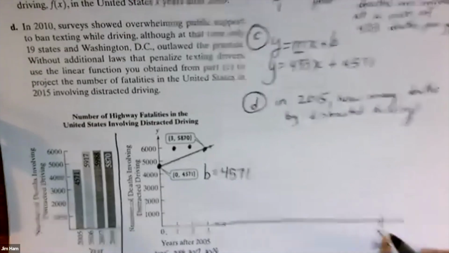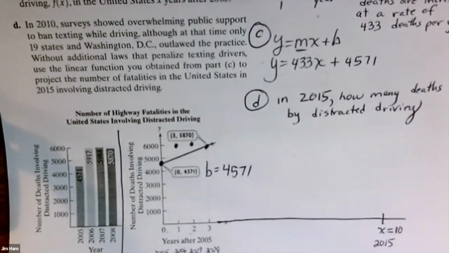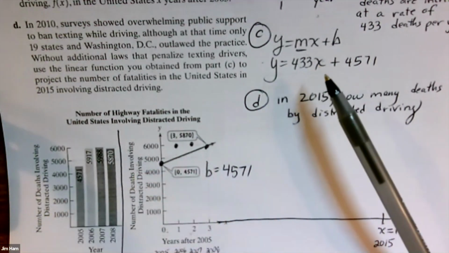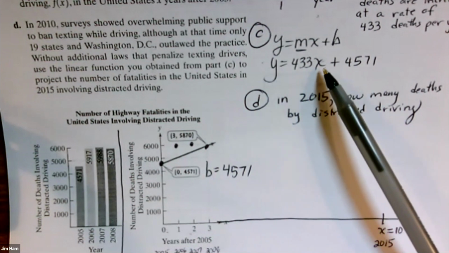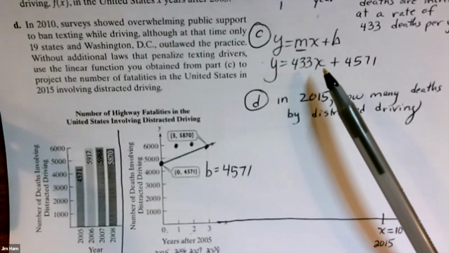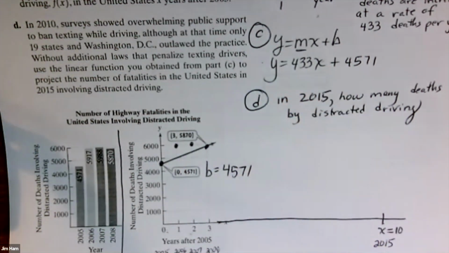How many years after 2005 is 2015? Okay, so that's the first thing you do, because you don't want to plug 2015 into x in this equation up here, because x means the number of years after 2005. If you put in 2015 for x here, that would mean 2015 years after 2005. So we're talking about the year 4020, and that's not what we want.